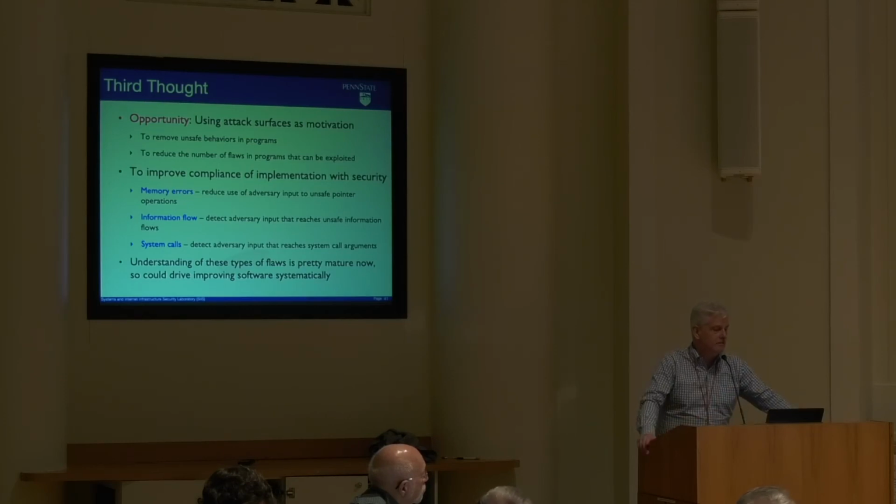The idea might be that if we know that we're going to receive input at a particular point in the program that's untrusted, we could then use this to drive making sure that if we do an unsafe operation from that point forward, we should look at maybe trying to make that into a safe operation.